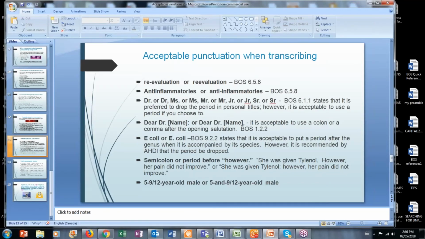Now, I contacted HDI myself to ask them, would it be acceptable to do it as a 5-and-9/12-year-old male? And I was told it would be acceptable, but it would be preferred to do it the first way, 5-9/12-year-old male.